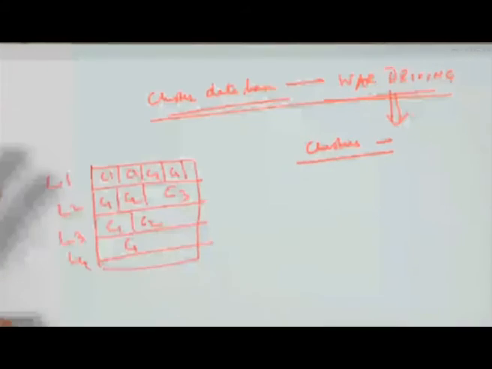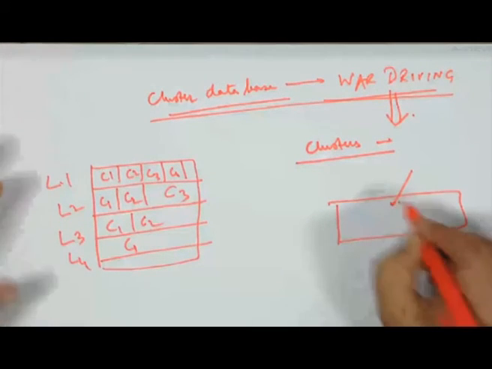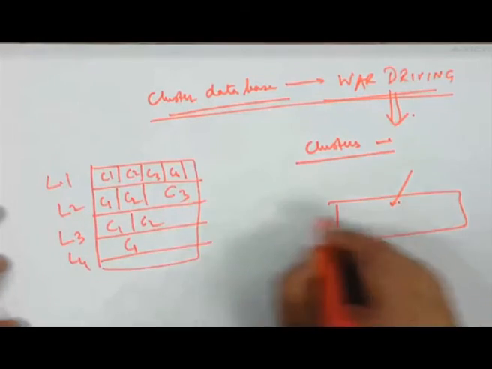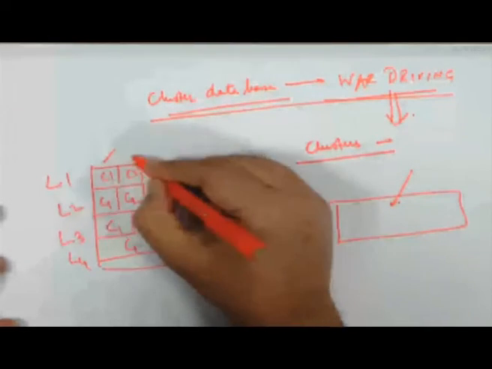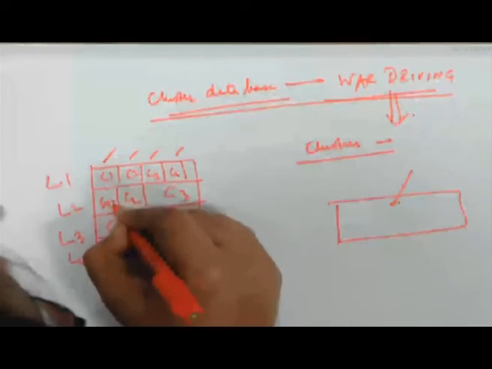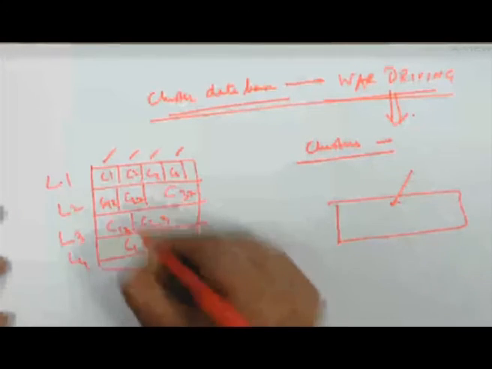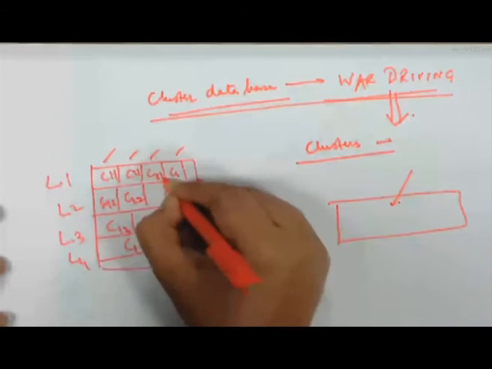This way you have kept all the locations. Now new data comes, and the new data would match best with any one of these clusters. Let me write it as C11, C12, C13, C14, C21, C22, C23, C31, C32, C41.